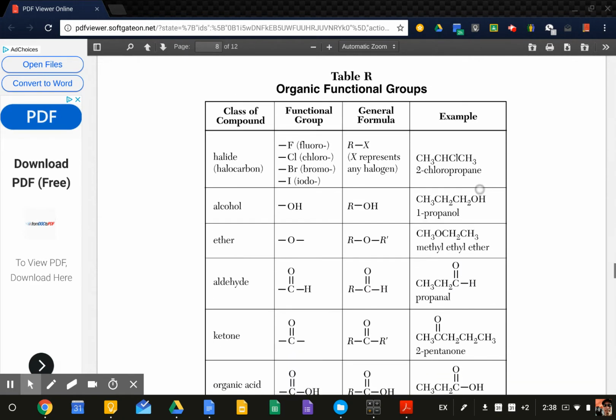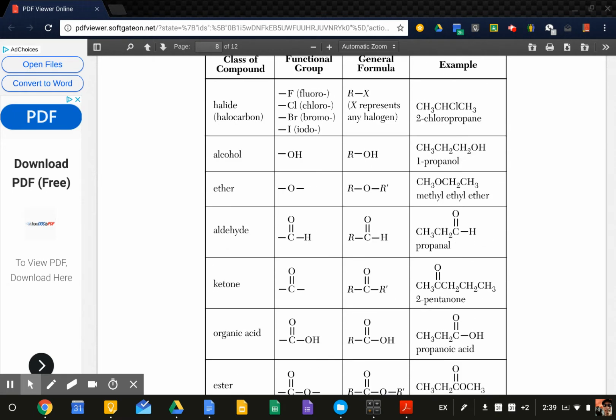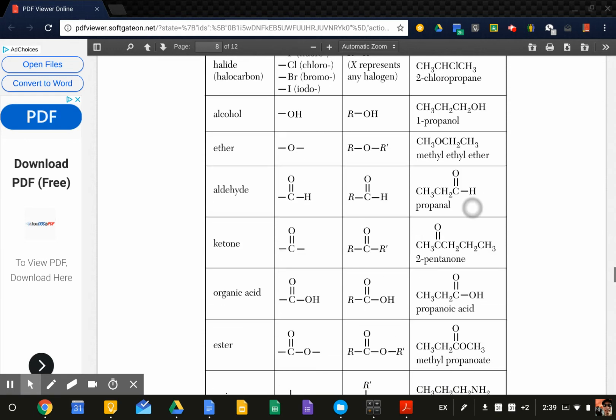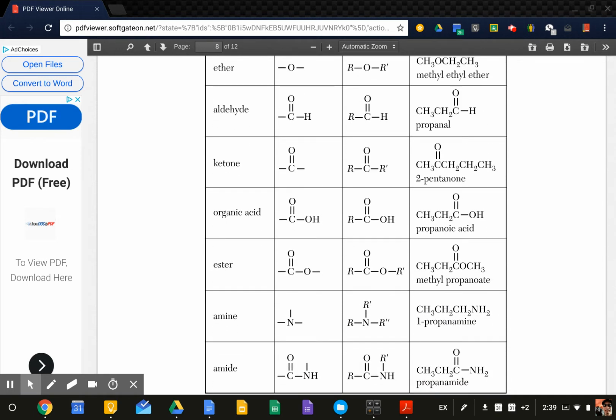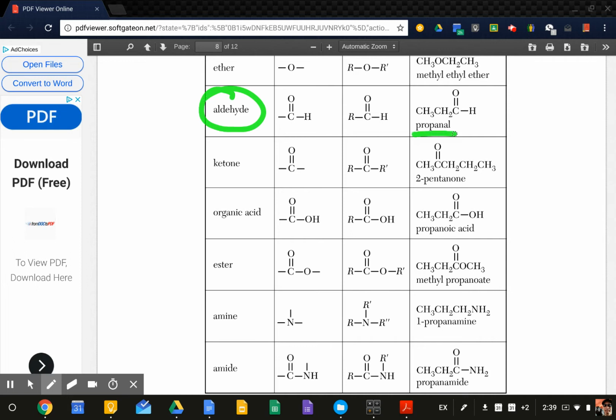But look at Table R. Table R is also about organic compounds, but it focuses on organic functional groups. If you look right here, this is row 1, 2, 3, 4. If you look at row 4, these functional groups, these types of organic compounds are called aldehydes, and their names end in -anal. For instance, this example they gave us is called propanal because it has 1, 2, 3 carbon atoms.